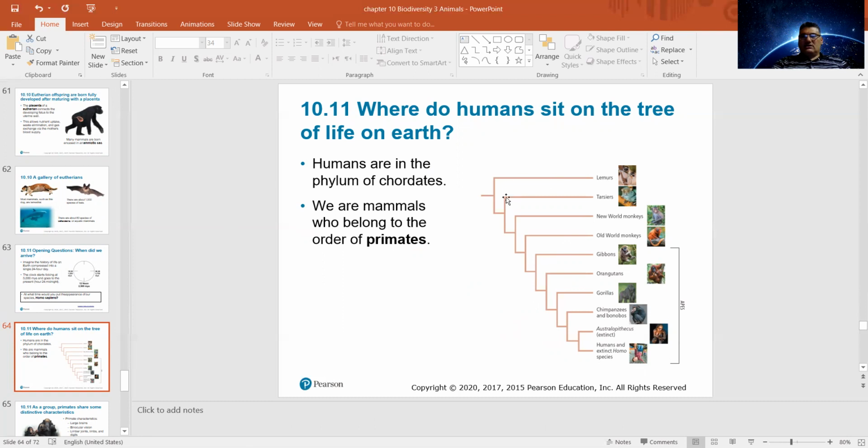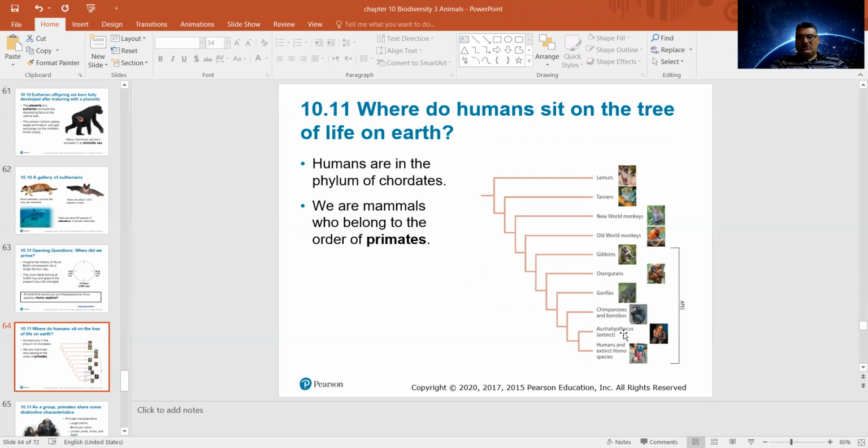And here is the evolutionary adaptation that comes. Lemurs are the least advanced, and then another evolution added the tarsiers, and then New World monkeys came, and then Old World monkeys came, and then the gibbons, and then the orangutans, and then gorillas, chimpanzees, and then bonobos, and then the Australopithecus, and this disappeared.